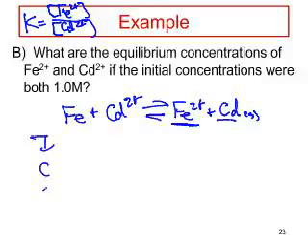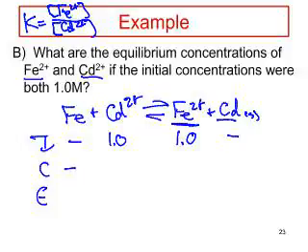Okay? So let's make ourselves an ICE table, and we're going to fill in the things we know. If we read the problem, it says the initial concentrations of both iron 2+ and cadmium are 1 molar. So the initial concentration here is 1, and the initial concentration here is 1, and this we don't care about at all, because the concentrations of the solid iron and the solid cadmium do not change.